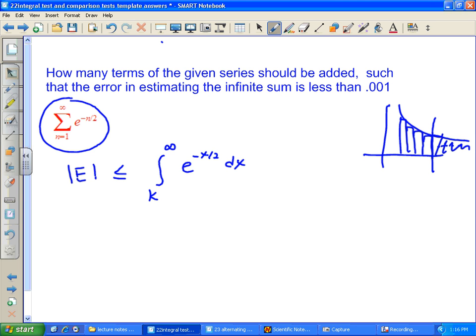All right, let's integrate this. What is the integral of negative e to the negative x over 2? Look at it as e to the kx. What is the integral of e to the kx in general? E to the kx divided by k, right? In this case, it's going to be e to the negative x over 2 divided by what?